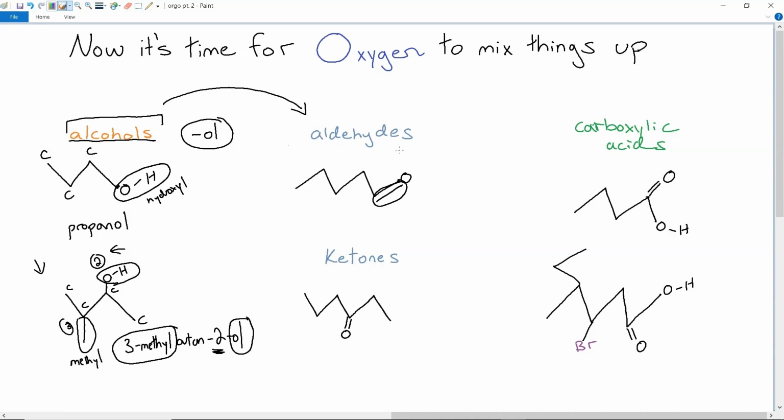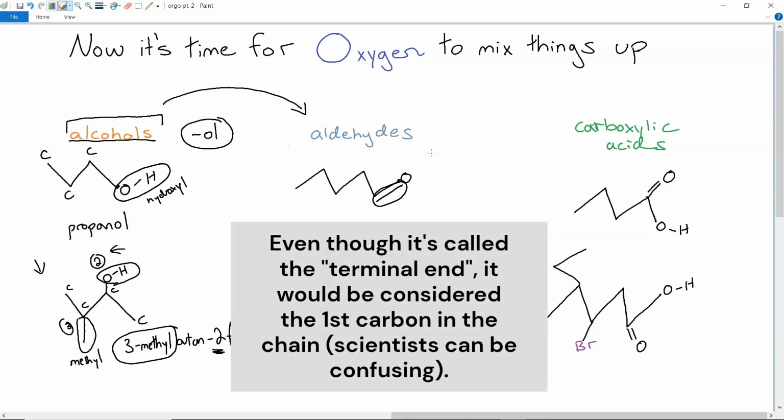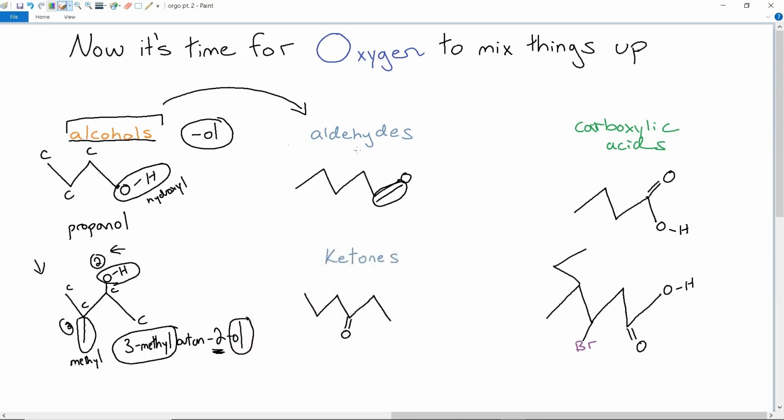So aldehydes are special because the oxygen is always going to be at the end of the carbon, or I guess, depending on how you look at it, the beginning of the carbon. So we don't actually have to worry about numbering where it is when we name it. When we're dealing with an aldehyde, instead of the OL ending, it's just going to be an AL ending. So going from alcohol to aldehyde, not too much to do.